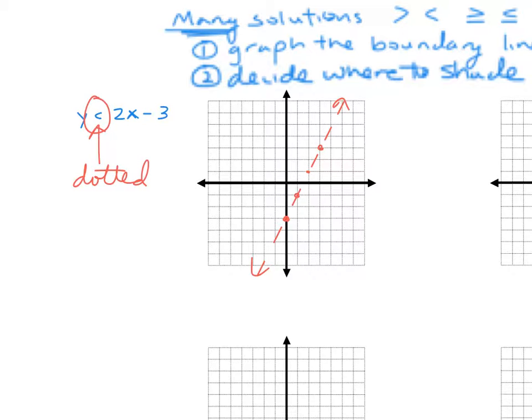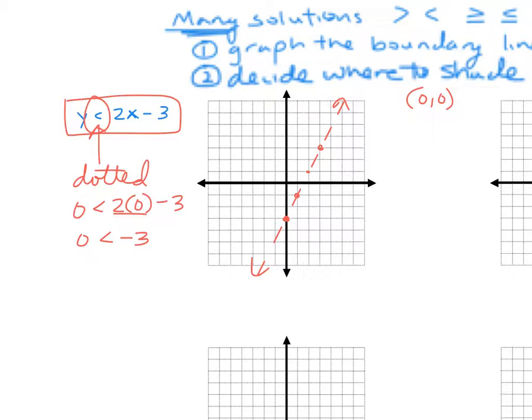Okay, now here's the question. You have to figure out where to shade. My advice to you on this whole shading process is always plug in a point. I always plug in 0, 0 unless 0, 0 is on your line. So if I plug in 0, 0 right now to this inequality, I would say 0 is less than 2 times 0 minus 3, which means 0 is less than 0 minus 3, which is negative 3.